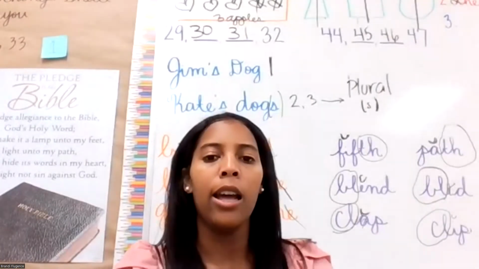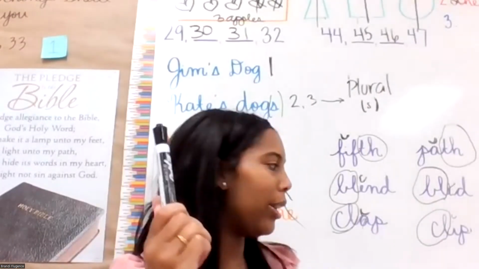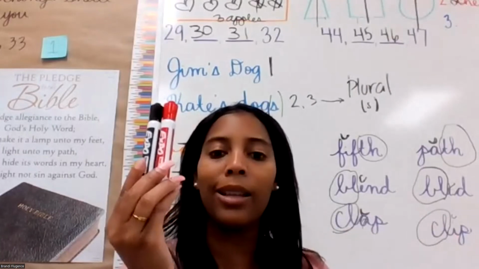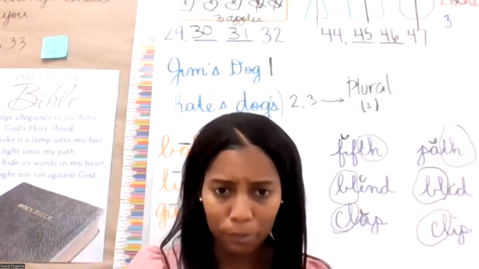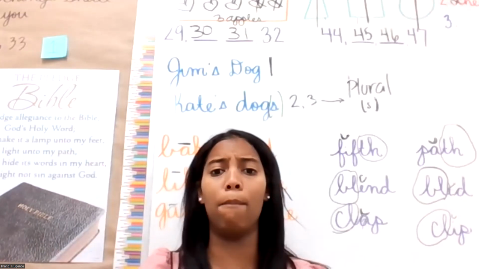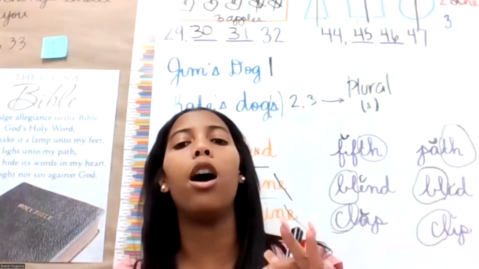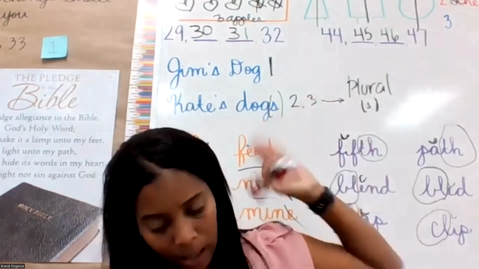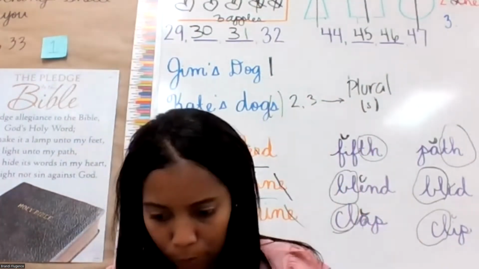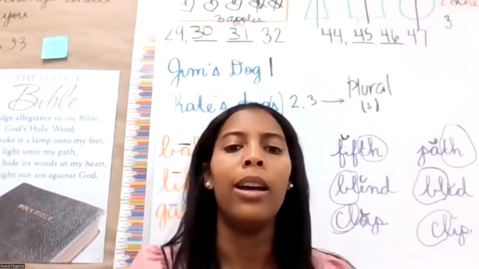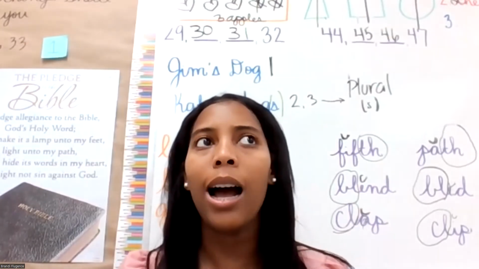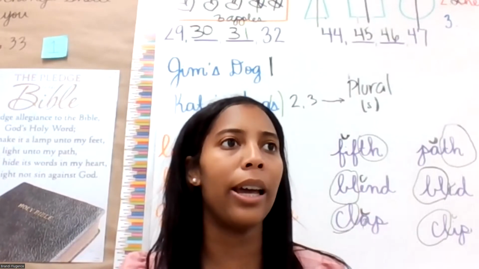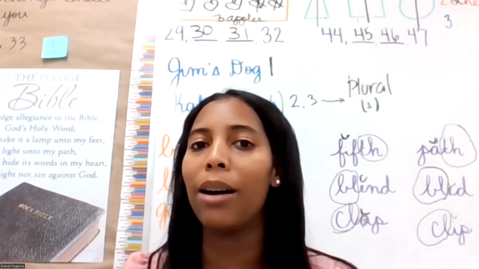If I would say the marker, that's 1. But when I put 2 in my hand, I say the markers. Hear the S at the end? Anytime we are talking about more than one thing, we always add the S at the end to show that it is plural. So if I would say, Tom's cat can play, how many cats am I talking about?